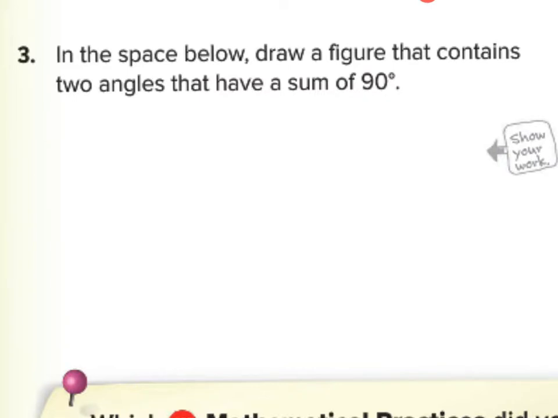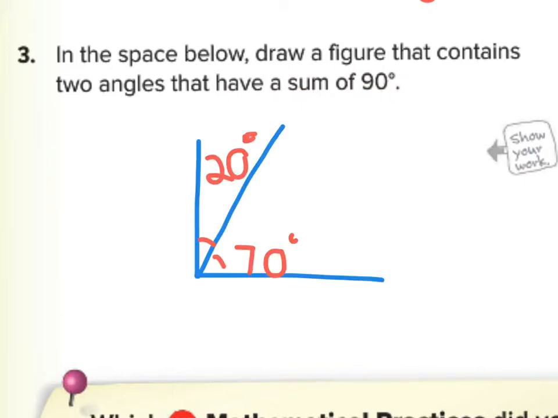For question 3, I want you to show your work. In the space below, draw a figure that contains two angles that have the sum of 90 degrees. So they will add up to 90 degrees, two angles. So I've drawn here a 90-degree angle, as you can see. My vertical line going straight down, and my horizontal line straight across.